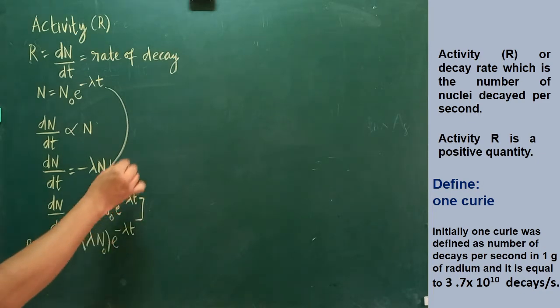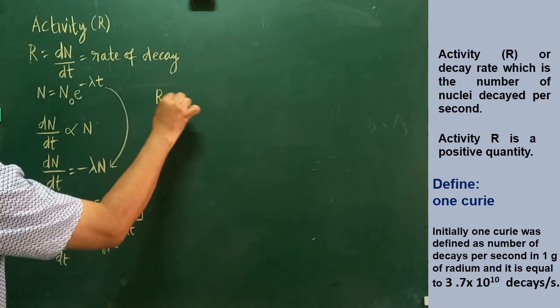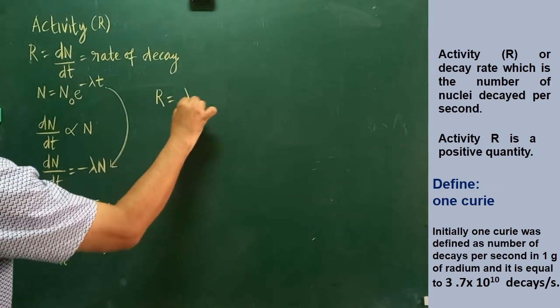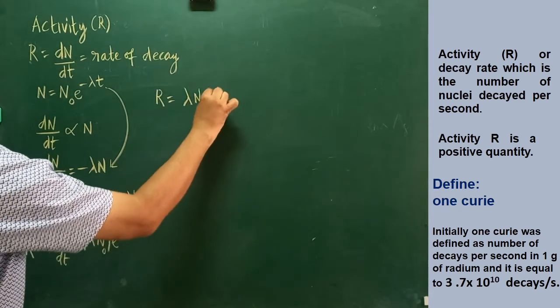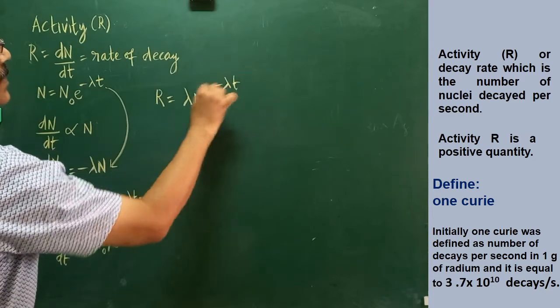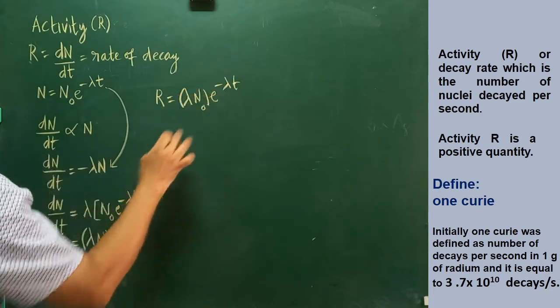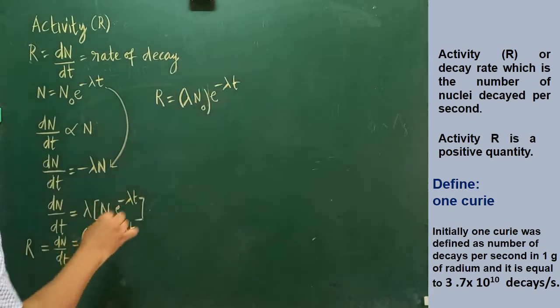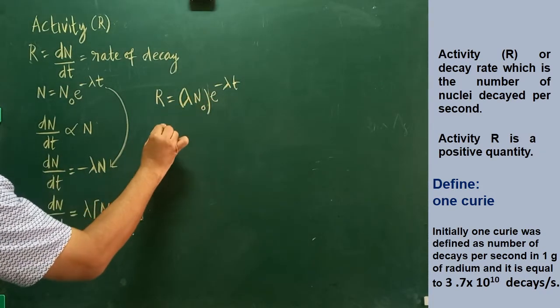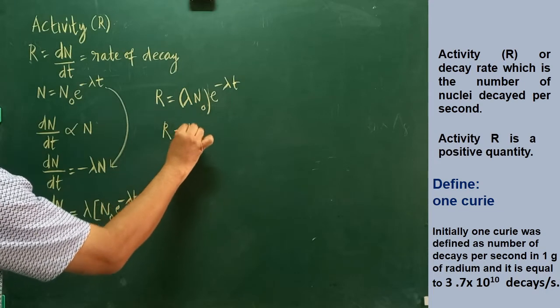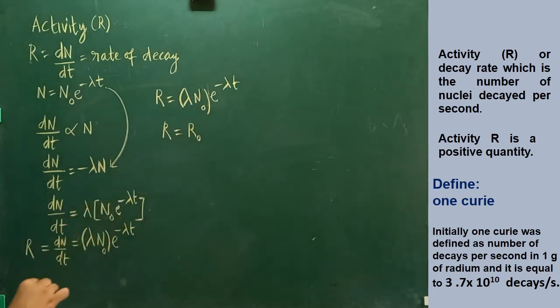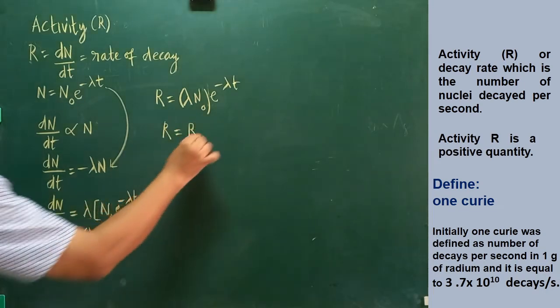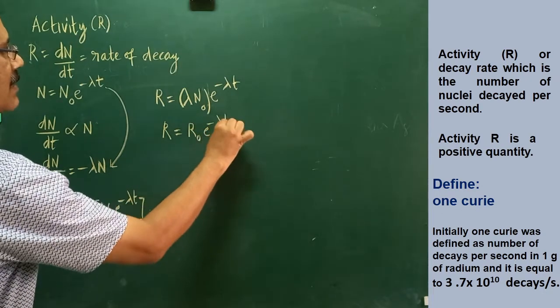I will rewrite this. Activity R is equal to lambda N naught e power of minus lambda t. These two can be written within the bracket. Now these two constants can be replaced by R naught. Are you clear? R is equal to R naught e power of minus lambda t.